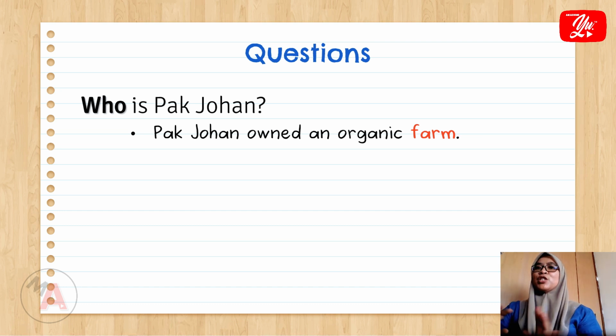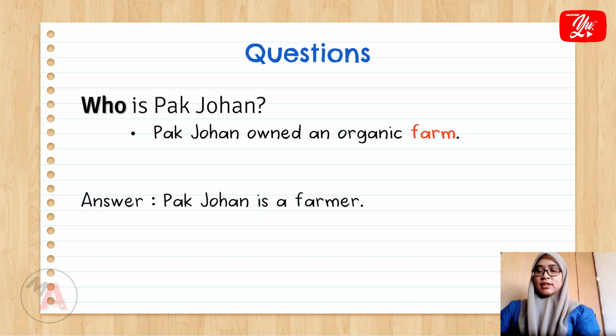Memang tak ada jawapan Pak Johan is what, okay? But, we are going to look for clues in the text, okay? So, in the text, okay, the first sentence says that Pak Johan owned an organic farm. Okay, Pak Johan owned an organic farm. So the clue is farm. So if he owned an organic farm, so basically he is a farmer. So how do you write your answers? Pak Johan is a farmer.